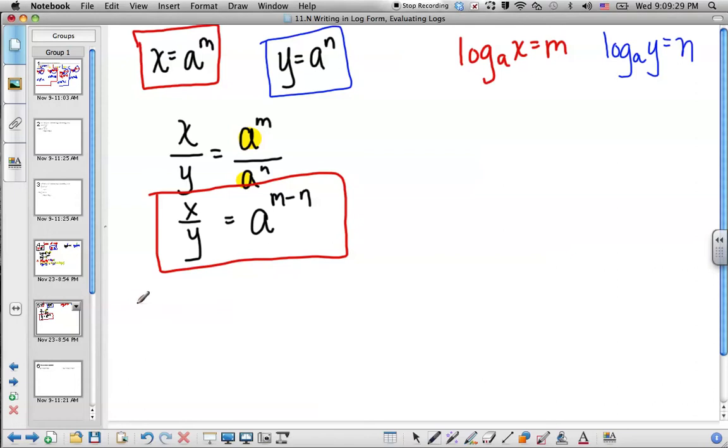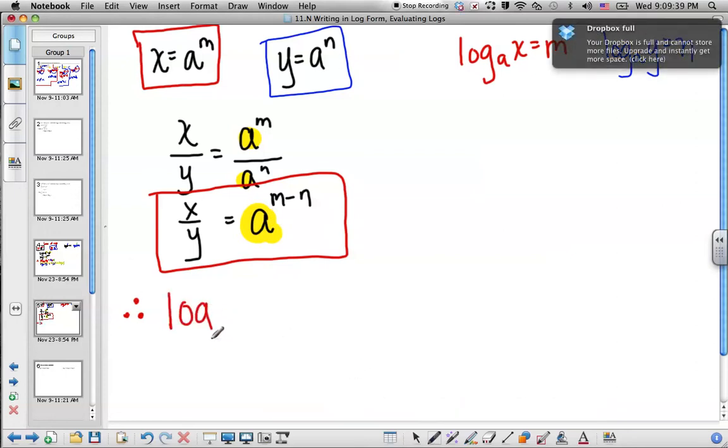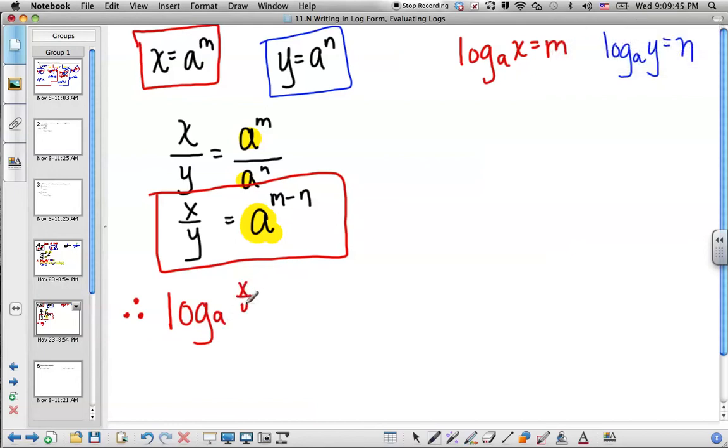So that could be written as, identify your base once again. Our base is just a. So we have log base a of our answer, which is x divided by y, and that equals m minus n.